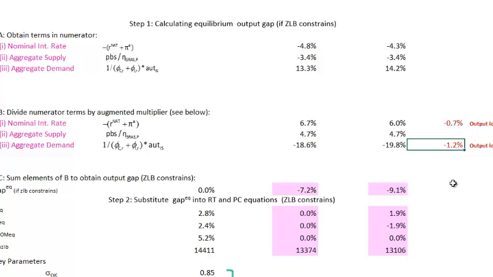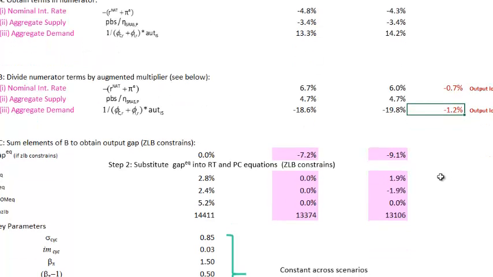So you can see now that when we put all of this together, we get a reduction in the equilibrium output gap that goes from minus 7.2% to minus 9.1%. I'll mention something else here, that once again, because of the topsy-turvy nature of the zero lower bound, because we have this production-based shock that's keeping inflation up, that actually helps output rather than hurts output.